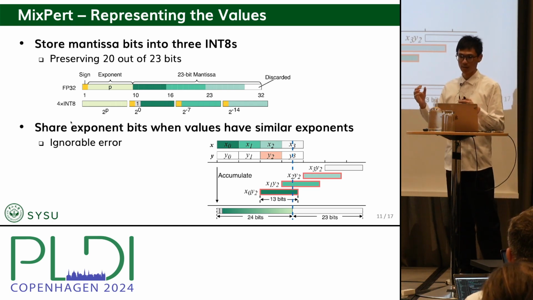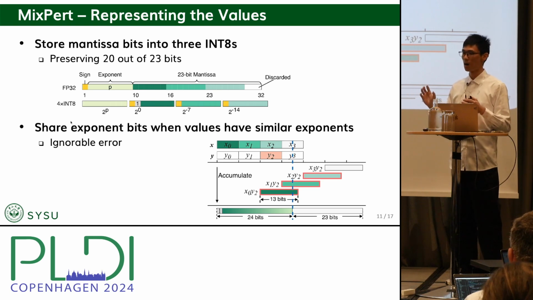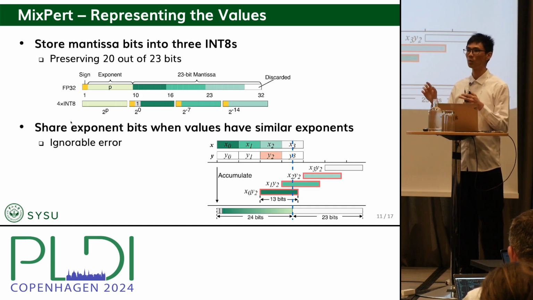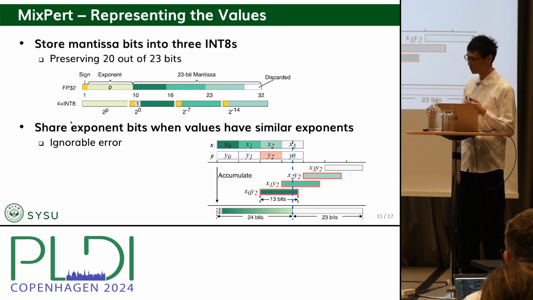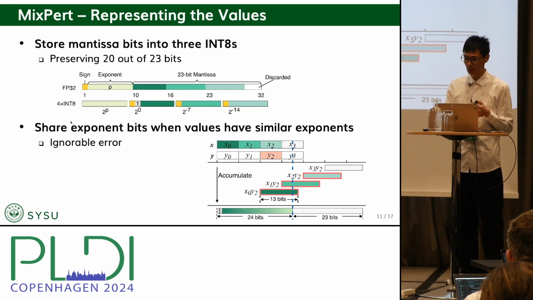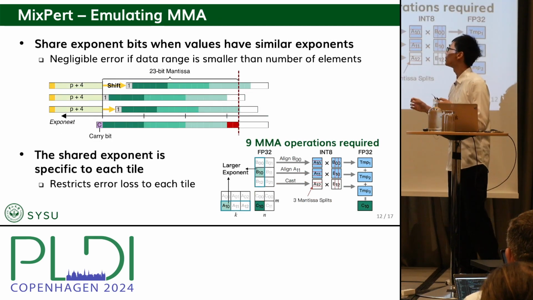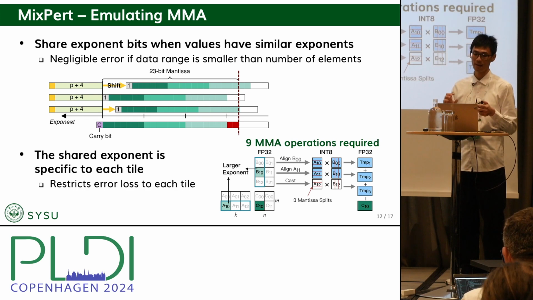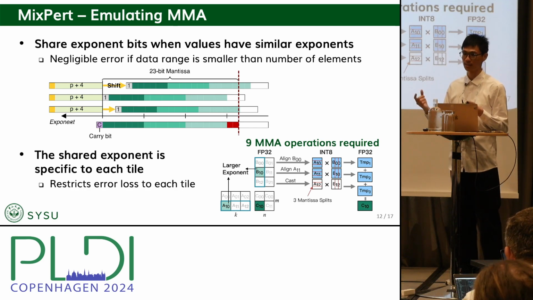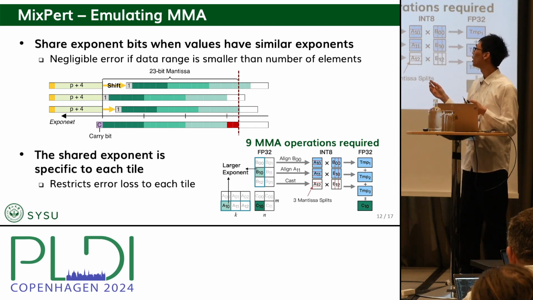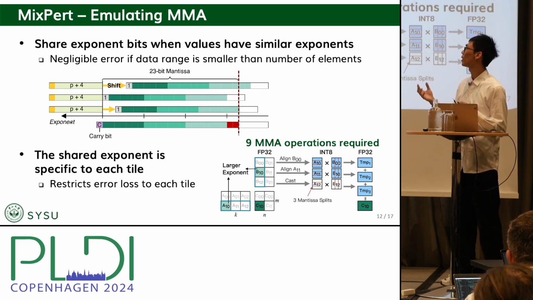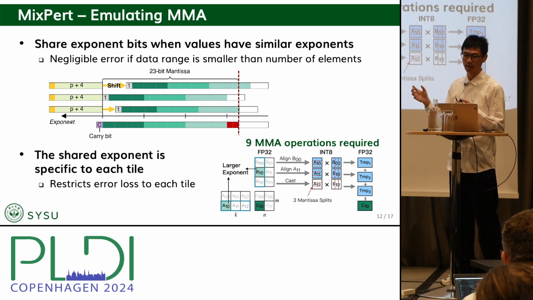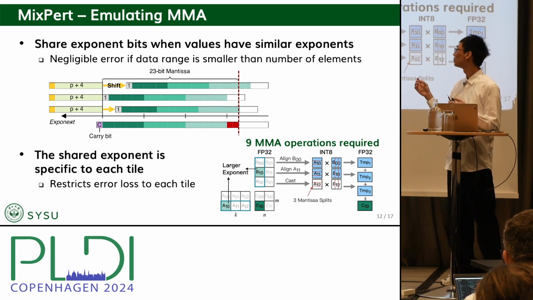Then, because the tensor core units execute the matrix multiply and accumulate in one step, we also need to deal with the accumulation in the data representation, because the floating point numbers can have different exponent bits to represent different ranges. So we need to shift the smaller ones to align with the bigger numbers.